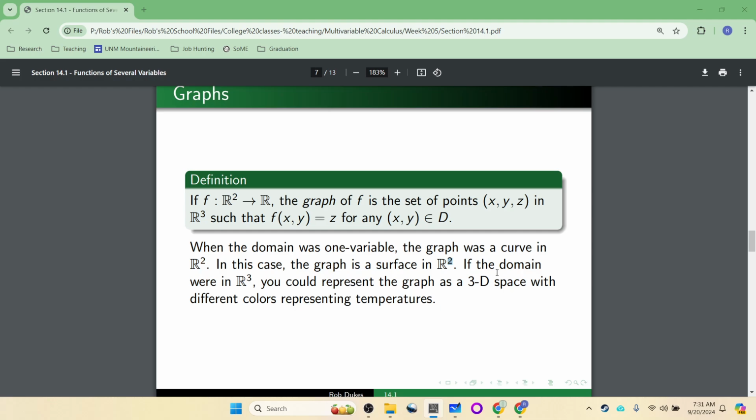If we were in a weird case where the domain was R3, that'd be really hard because the graph would be 4 dimensions. We could maybe color in spaces in 3 dimensions to give an idea, because that would be a fourth representation of the fourth variable, like say bright red for the hottest parts in 3D space and cool blue for lower temperatures.